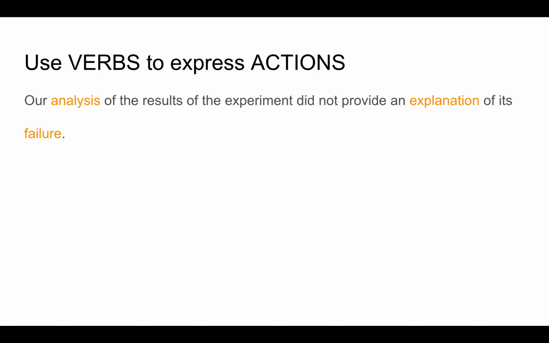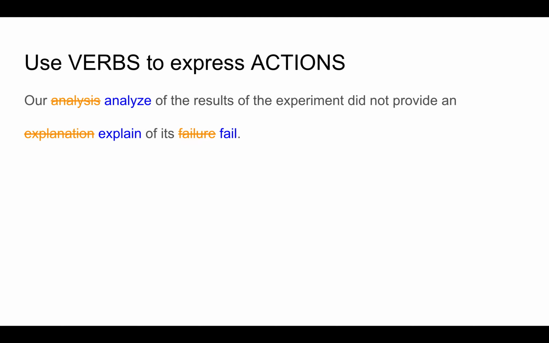We want to make sure that our actions are expressed as verbs, not as nouns. So analysis becomes analyze, explanation becomes explain, and failure becomes fail. And now we may need to change the tense of these verbs. We can do that as we fine-tune the sentence in a bit.